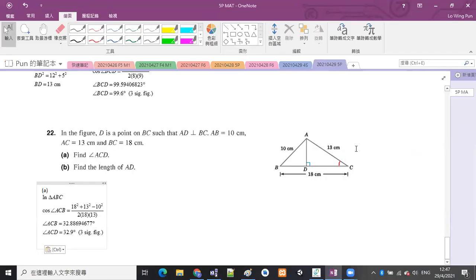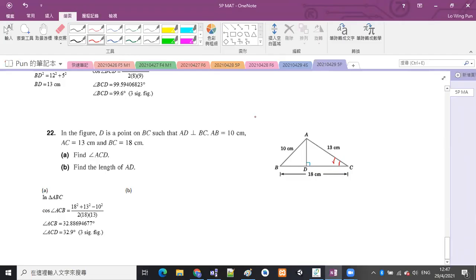When we have found the angle ACD, in part B, we need to find the length of AD. AD belongs to triangle ACD. Can you see this? And we have already found this angle. So in triangle ACD, it is a right-angled triangle, and we do not need to use the sine formula or cosine formula.